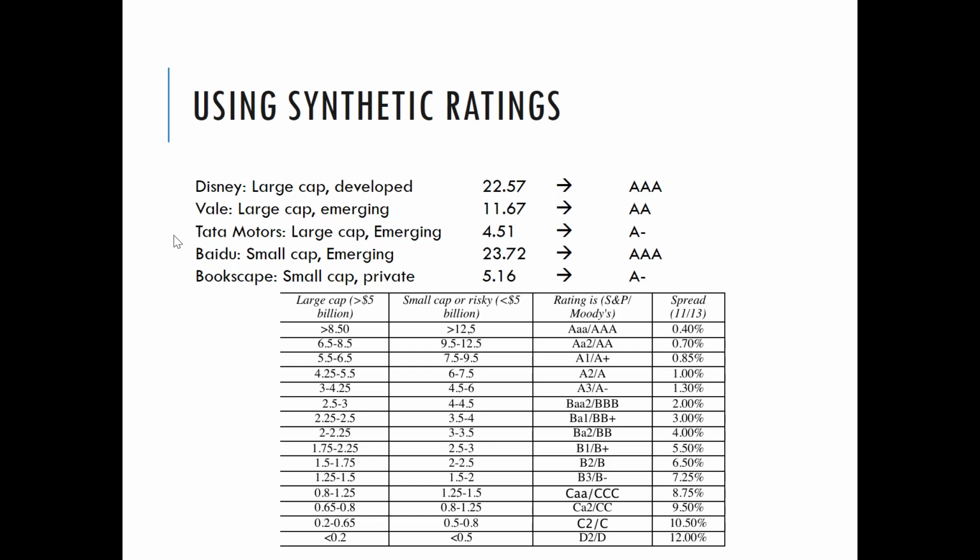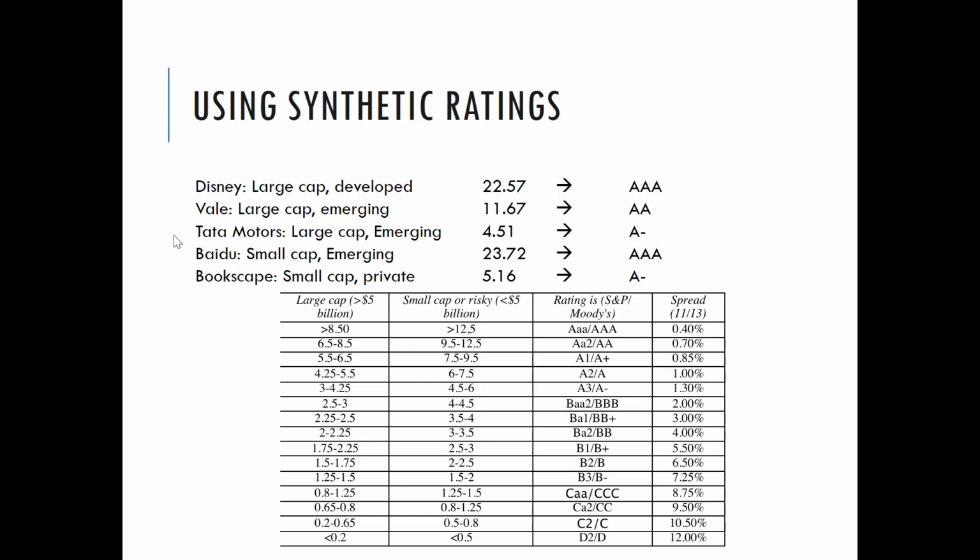Sometimes, for example, this table splits it up into large cap or small cap stocks, or developed or emerging nations. And the idea here is that if you're a small firm, your default spread will be higher even though you have the same interest coverage ratio.